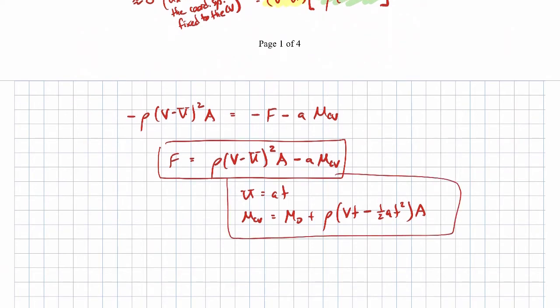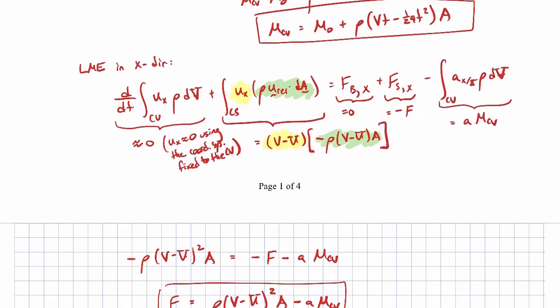So you could plug these in up here if you wished. All right, so that's the force that we'd have to apply in order to keep the cart going at a constant acceleration. Let me work this problem one last time, but in a different way.